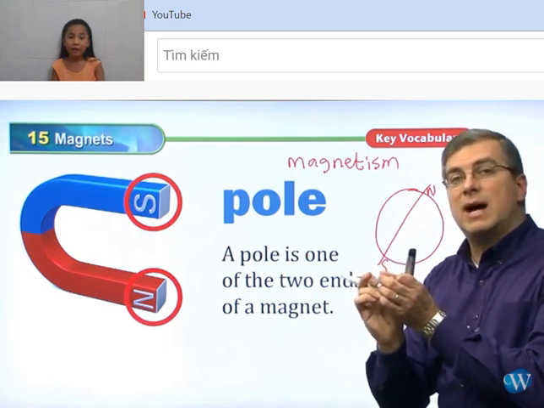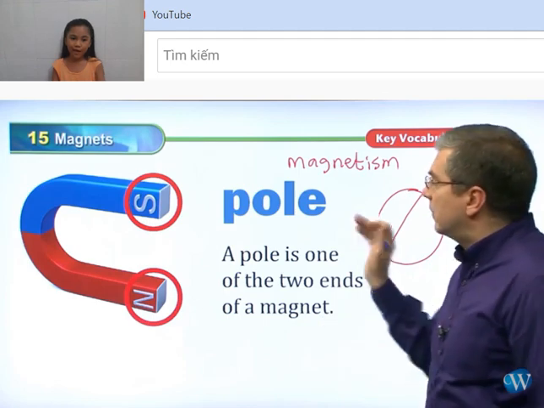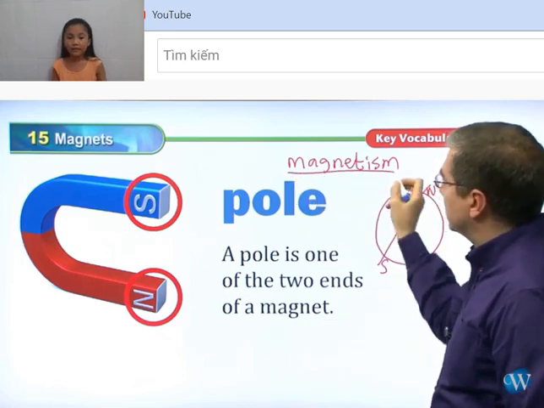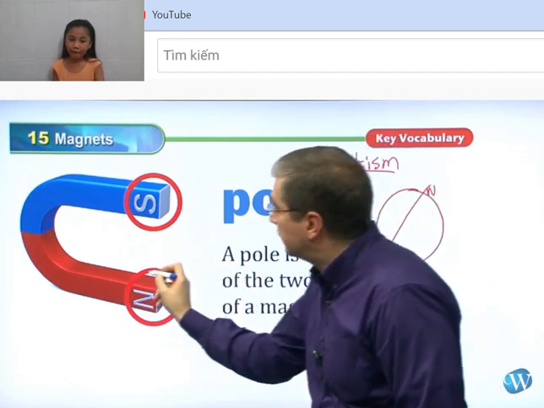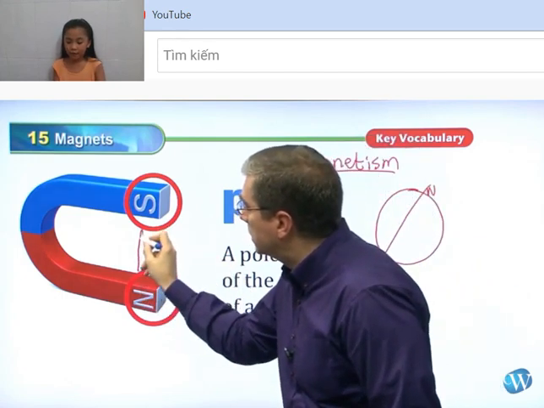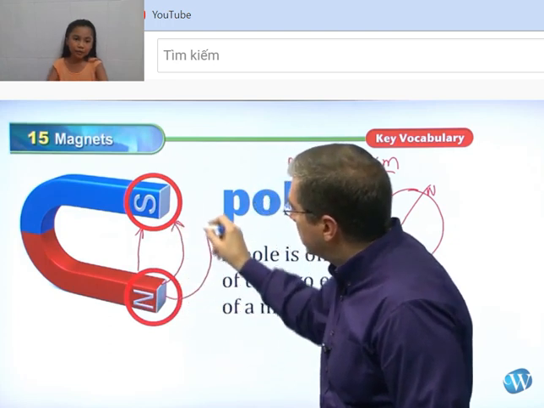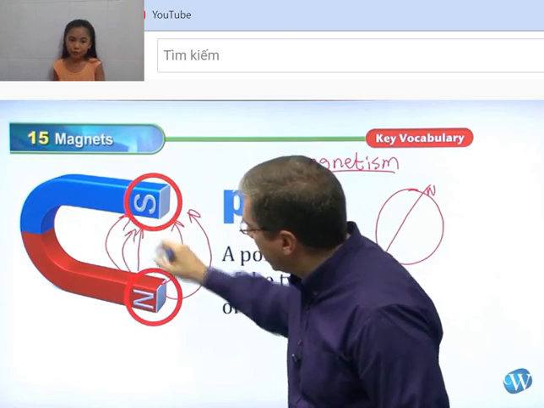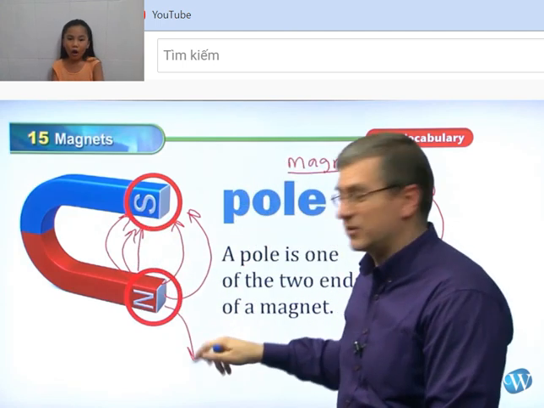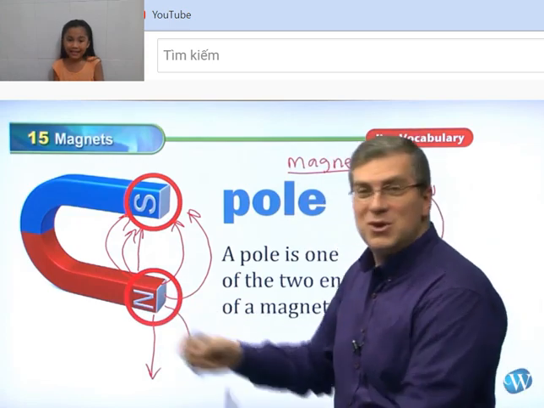So you see, magnetism is a kind of force that we have. And many people have magnets for a job to do. So these are the two poles. This is the South Pole, and this is the North Pole. They always stand like this.